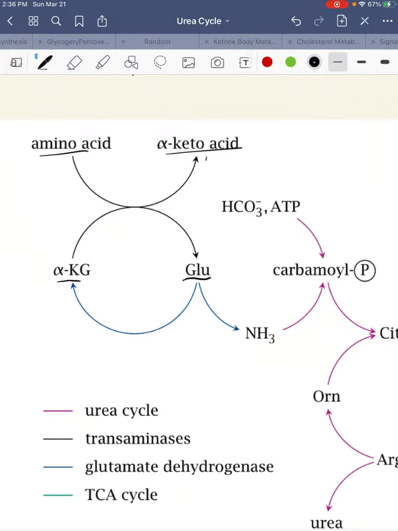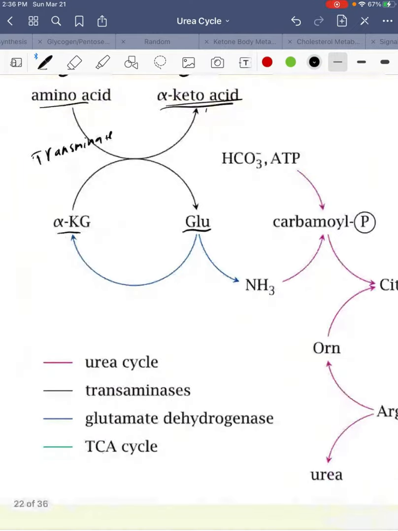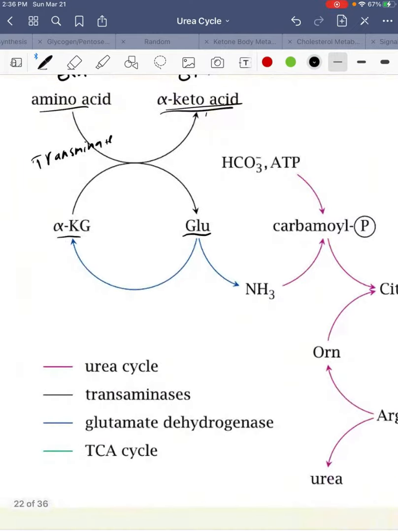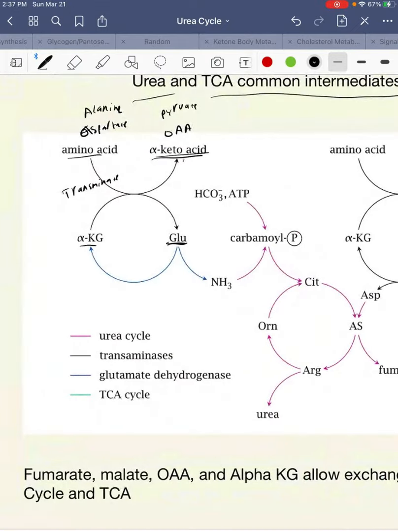Remember, this is a transaminase reaction, and this can happen with aspartate to oxaloacetate, or you could run alanine to pyruvate. Those are the most common ones you'll see. You'll make your alpha-keto acid, so this can go into glycolysis or ketone bodies or whatever, and then you make glutamate, and then glutamate goes back to alpha-ketoglutarate.